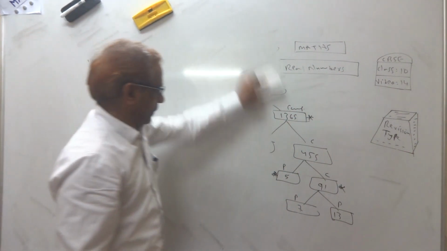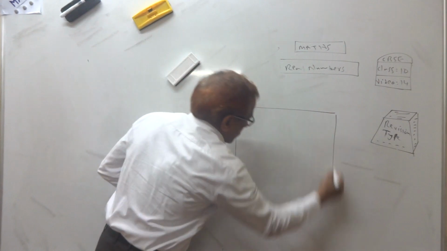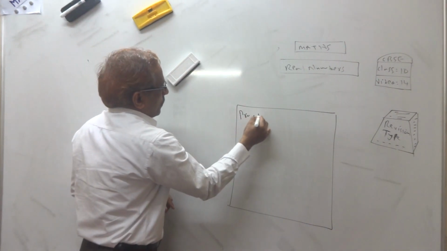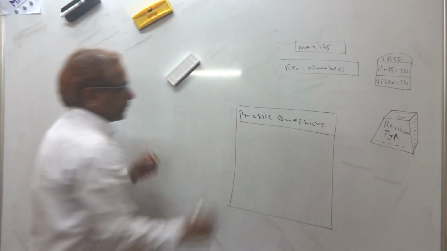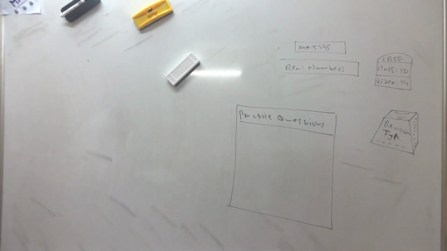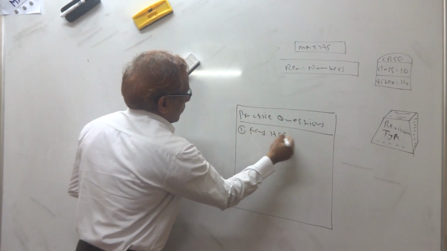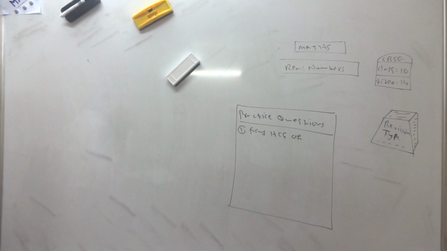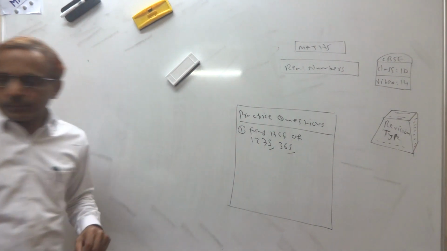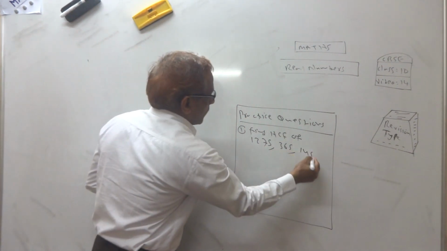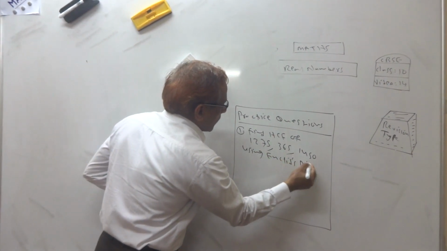So you take two practice questions and the answers you can check in the next video. Find the HCF of three numbers, 1275, 365, 1450, using Euclid's division algorithm.